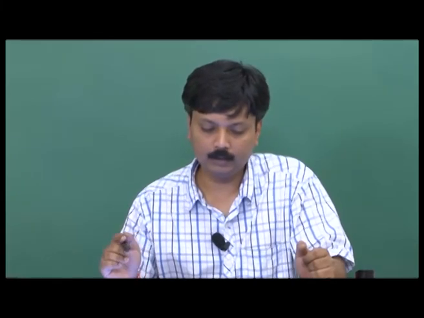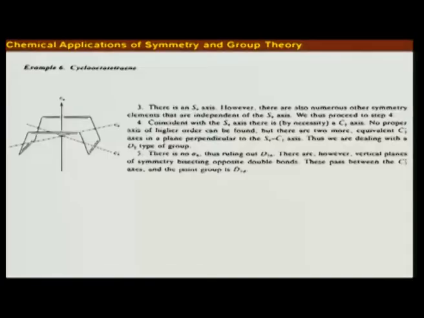Now, if you look at this structure, just like in the previous case, you have an S4, but other than S4 there are other symmetry elements. You can see that we have pointed out here one axis which joins this point and this point.